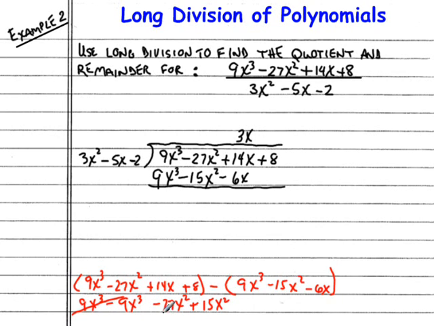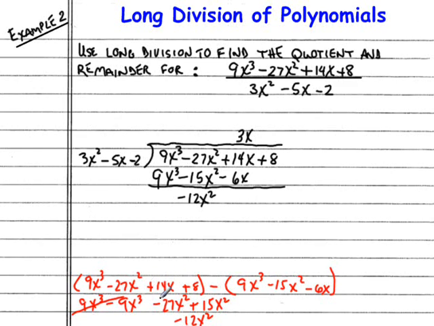And of course, negative 27x squared plus 15x squared is negative 12x squared. So the result we get here is negative 12x squared.